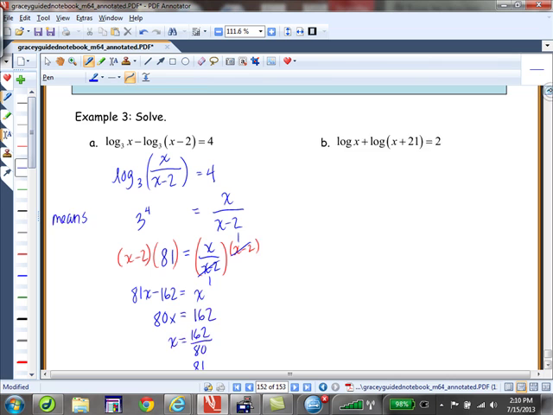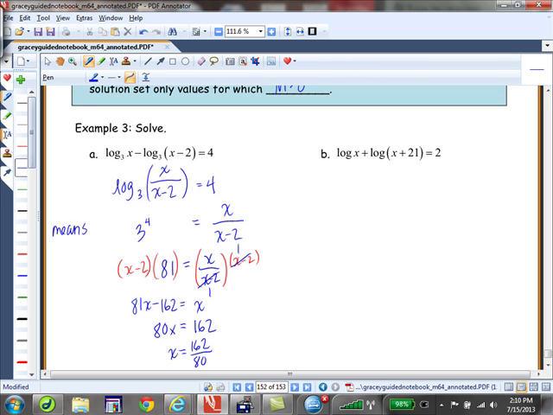Okay, so the next guy, we have common logs, the sum of common logs on the left and a constant on the right. So this is going to condense to be log of x times x plus 21. So that's all in that log, and that's equal to 2. So now remember, there's a base of 10 in the common log.